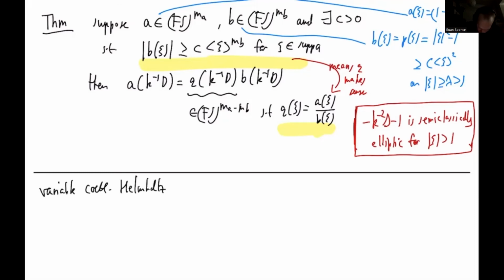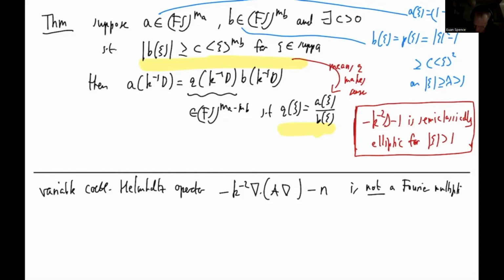Now this variable coefficient Helmholtz operator, so minus k to the minus 2, divergence of A grad minus, okay, n, some other variable coefficient, is not a Fourier multiplier.